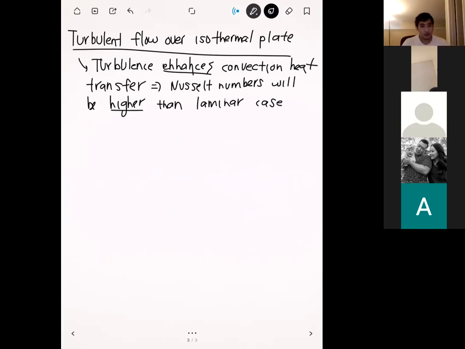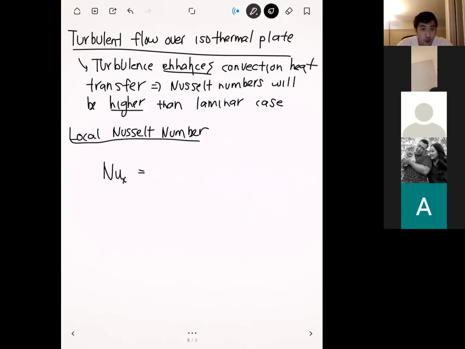In fact, this is exactly the case. I'm going to give you the two Nusselt number correlations here. One I'm going to give you for the local one. Remember, when I say local, I mean local to one specific spot.